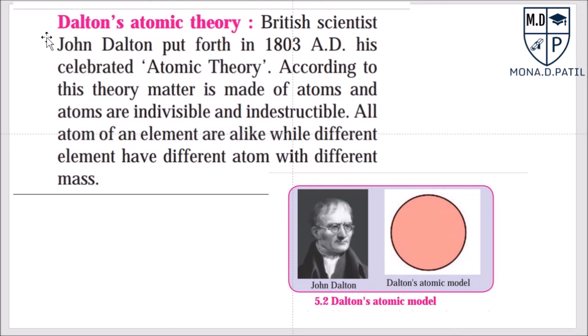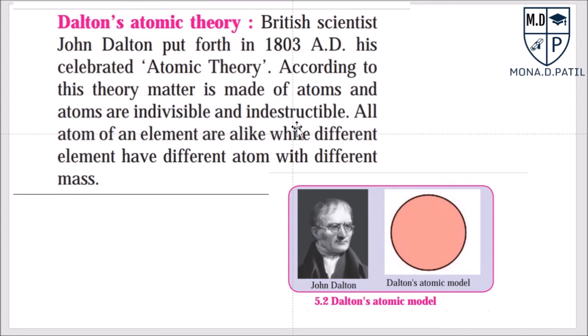Now after them, various scientists have mentioned atomic theory. The first scientist given in the textbook is Dalton's atomic theory. The British scientist John Dalton put forth in 1803 AD his celebrated atomic theory. According to this theory, matter is made up of atoms, and atoms are indivisible and indestructible.